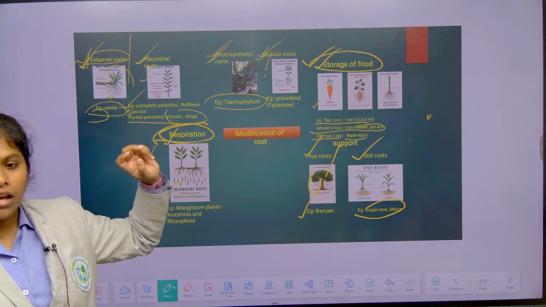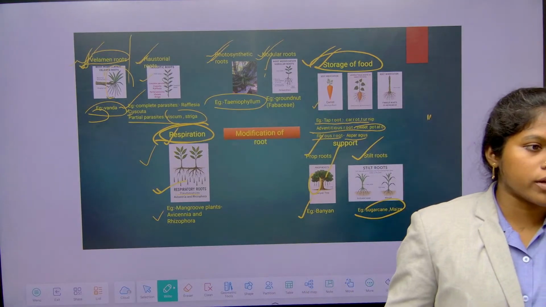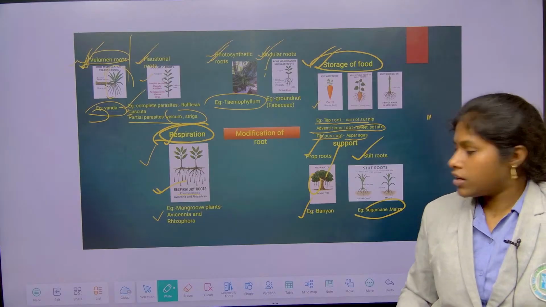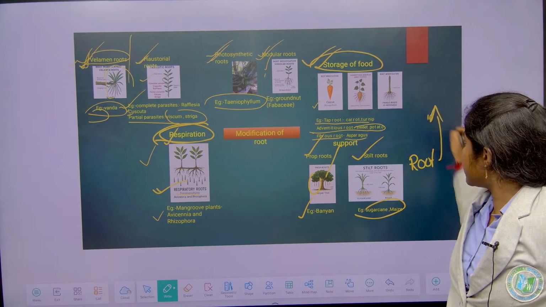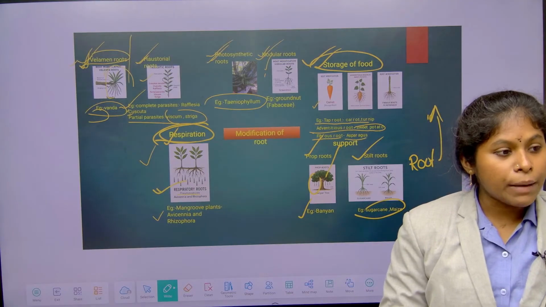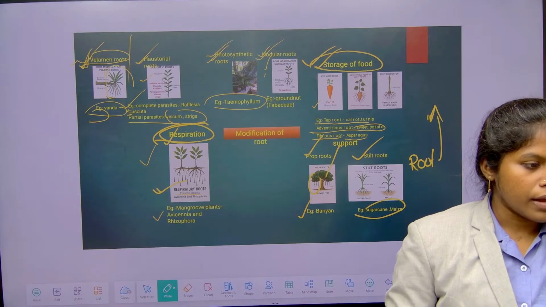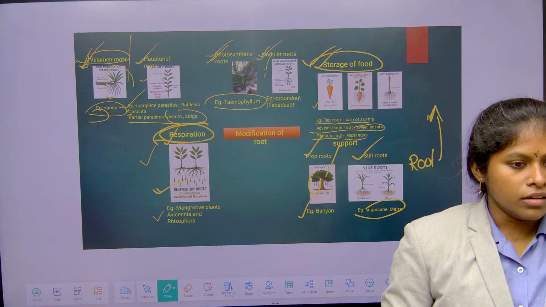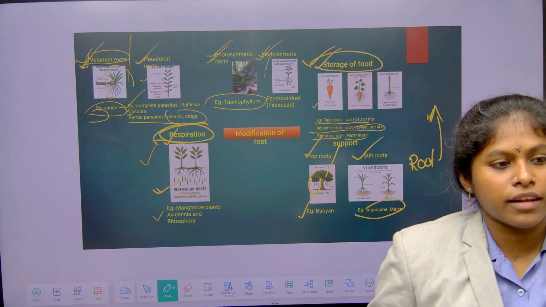So tell me, is the xylem a unidirectional conduction of water or bidirectional? Unidirectional. From the roots to the shoot system, it shows only unidirectional. Coming to the phloem, is it uni or bi? Phloem is unidirectional or bidirectional?